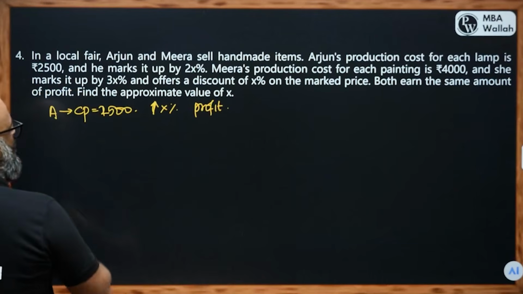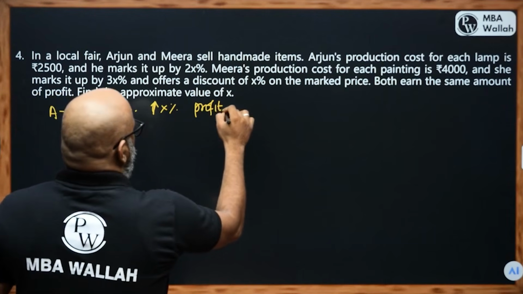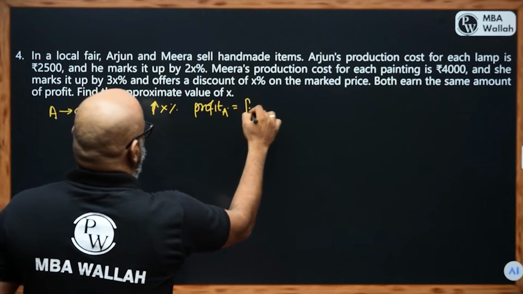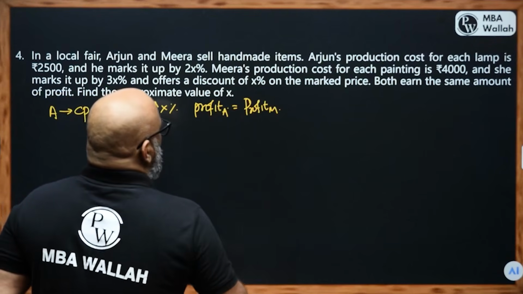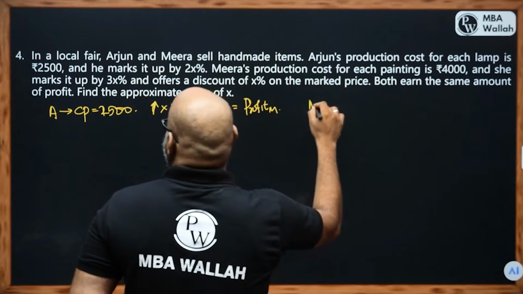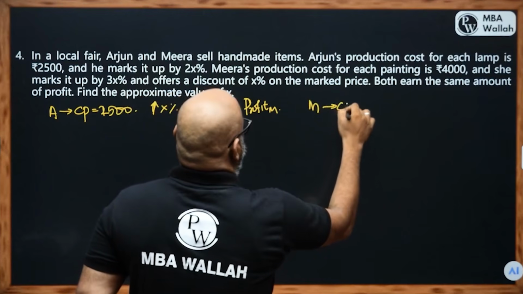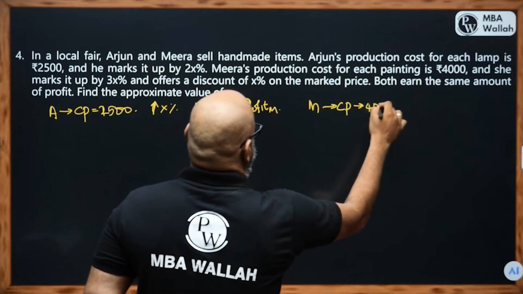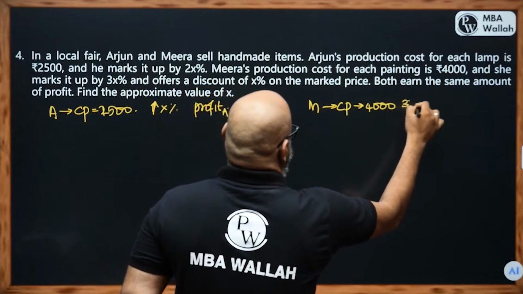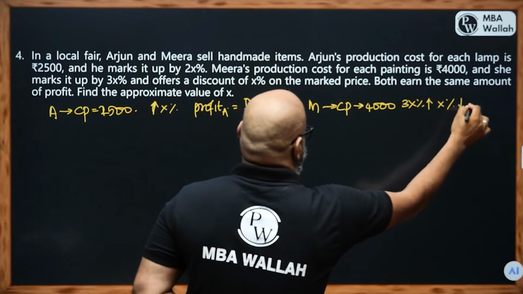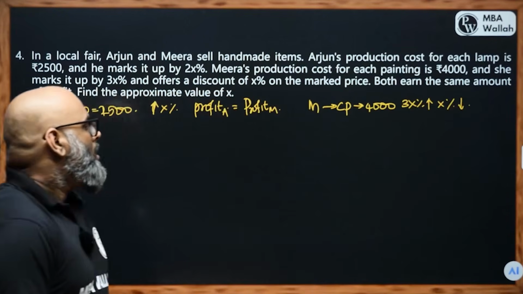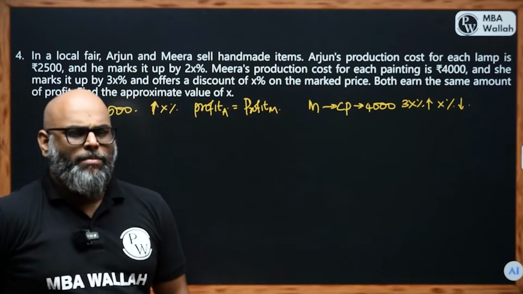Or I can say the profit of Arjun is equal to the profit of Meera. Whereas Meera buys at a cost price of 4000, marks up 3x% and then gives an x% decrease. And the profits are equal.